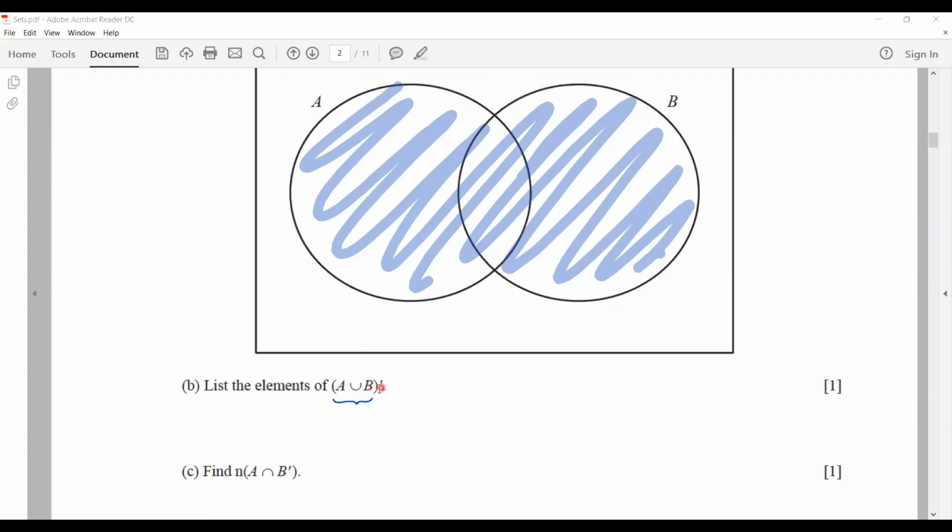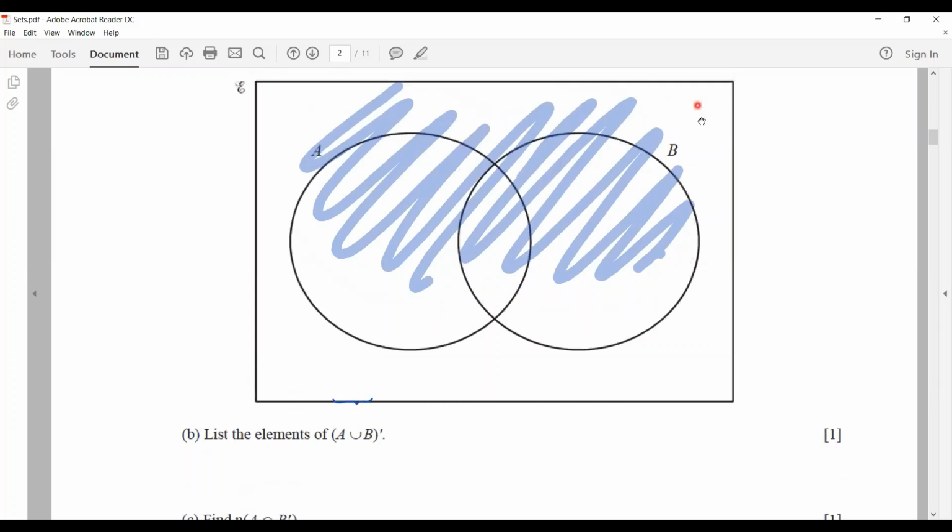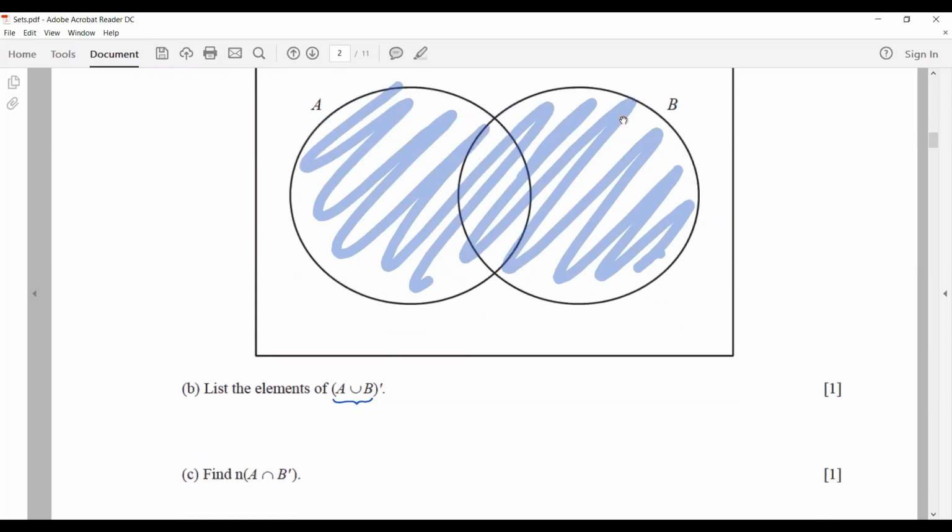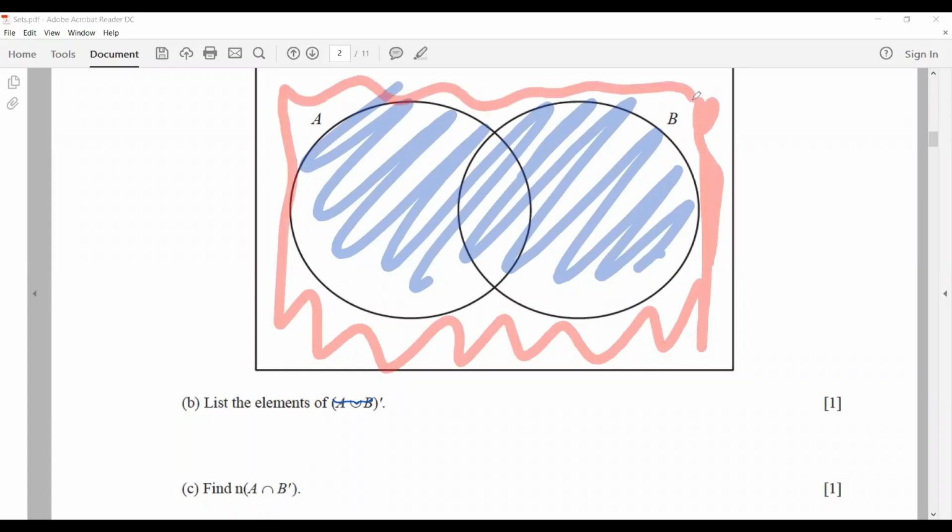And then if you want to find its complement, that would be outside of that region, right? If you recall, the numbers 7, 8, and 10 were in that region. So the elements would be 7, 8, and 10.